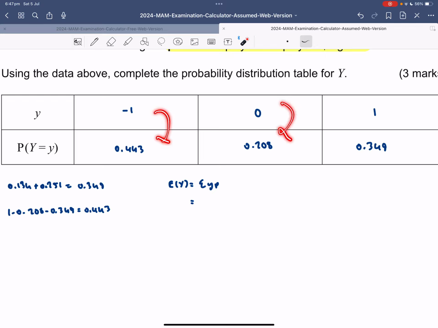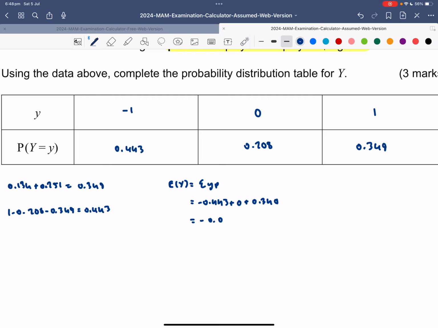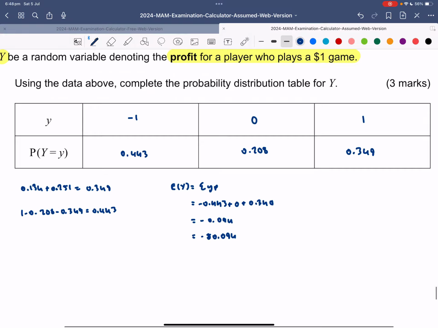That's effectively negative 0.443 plus 0 plus 0.349. The expected value of Y is minus 0.094, a negative number, so I write negative $0.094. I could have put that into list mode as well.